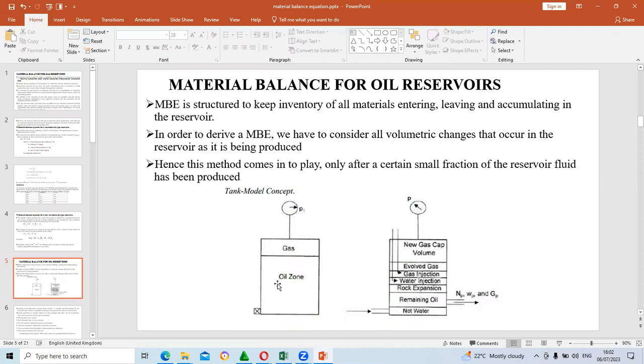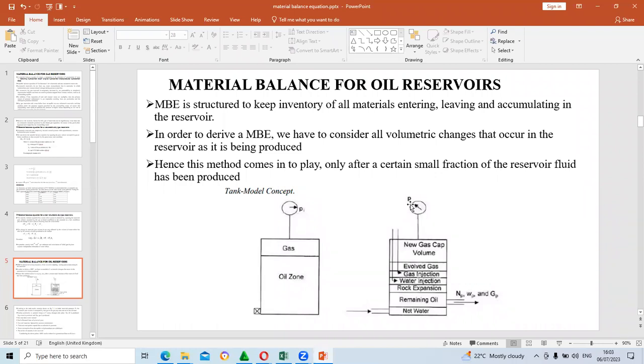Now, if initially we have a reservoir that is made up of oil and gas, and you are producing, remember that in this particular case, we have an influx of water. Originally in that reservoir, there is no water because the aquifer is locked up. So this point down here signifies our aquifer. There is no production, so aquifer water cannot get into the reservoir.